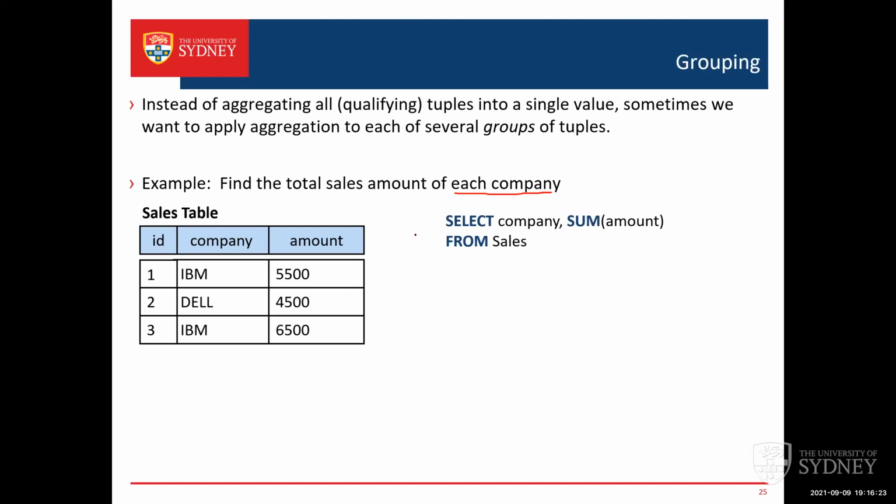Now, if I run this query, what will be the output? How many rows will be in the output? So when I run this query, select company, sum of amount from sales.